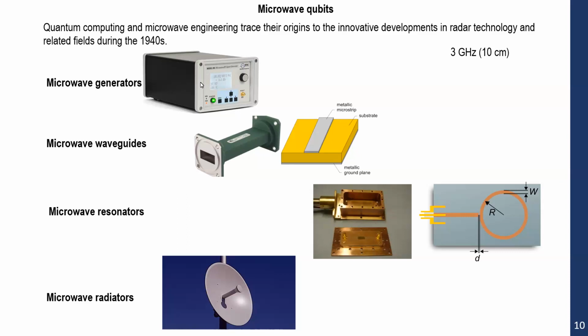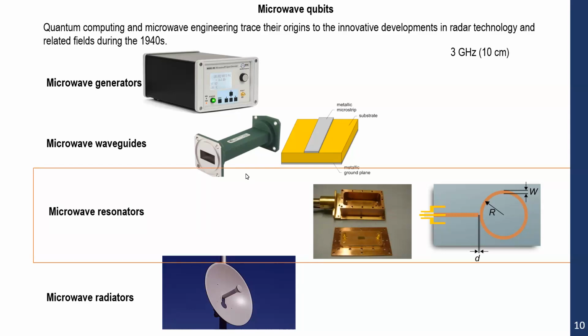A generator can, at least potentially, generate microwave photons in different states, and we can encode quantum information in waveguiding modes, maybe of different polarization, and antennas can radiate photons of different polarization, different frequency, etc. But it turns out that the most appropriate platform for microwave qubits is microwave resonators.